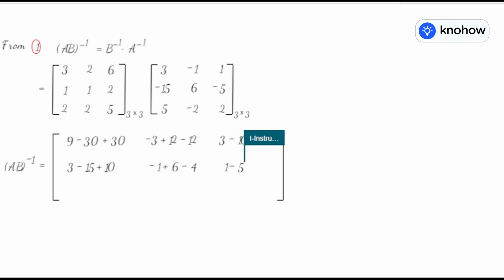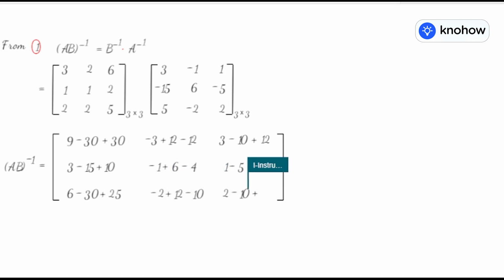And now repeat the process with the elements of the third row, 2, 2, 5. Multiplying to the first column of the second matrix, you get 6 minus 30 plus 25. Then multiplying to the second column, you get minus 2 plus 12 minus 10. Multiplying to the third column, you get 2 minus 10 plus 10.